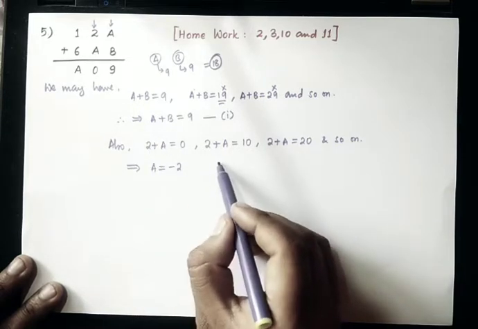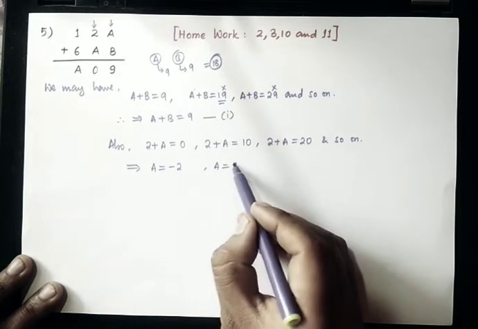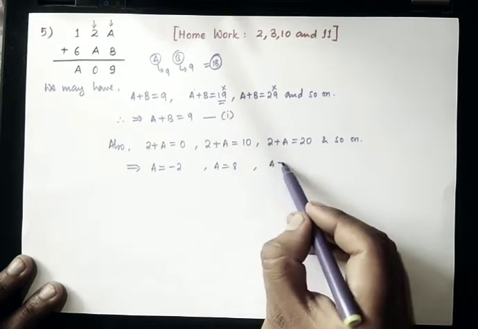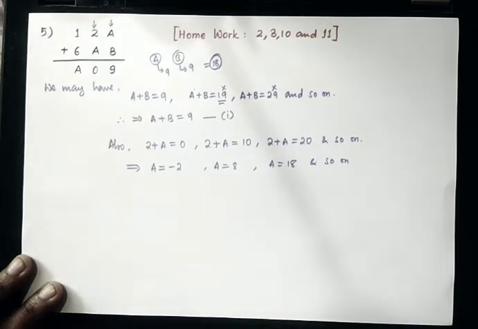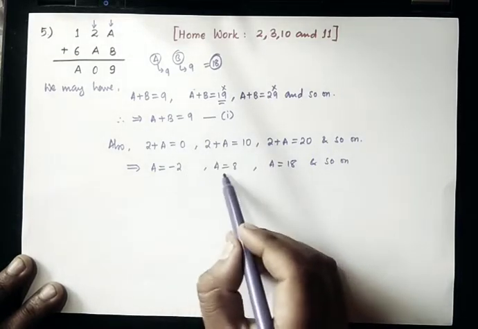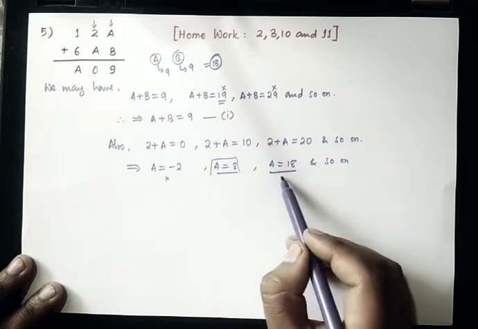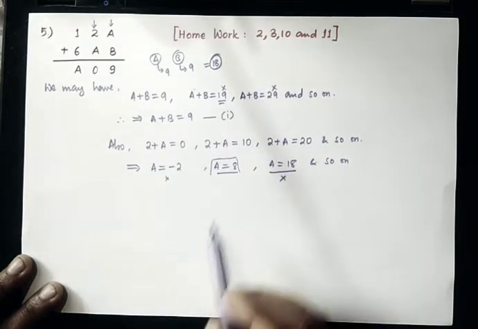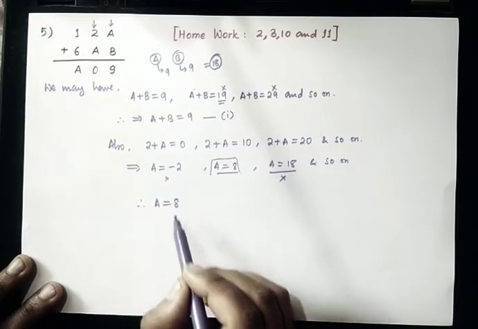From here the value of A is going to be 10 minus 2, which is 8. From here the value of A is going to be 18, and so on. Now which one is going to be the correct one? Obviously the correct one is this one. The other one is negative, and this is a double digit number, right? So we got the value of A. So therefore A is equal to 8, right?